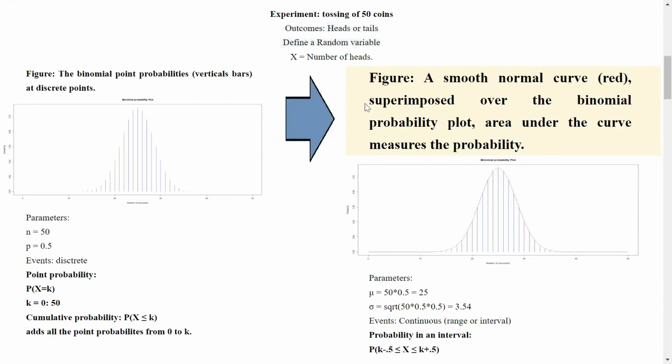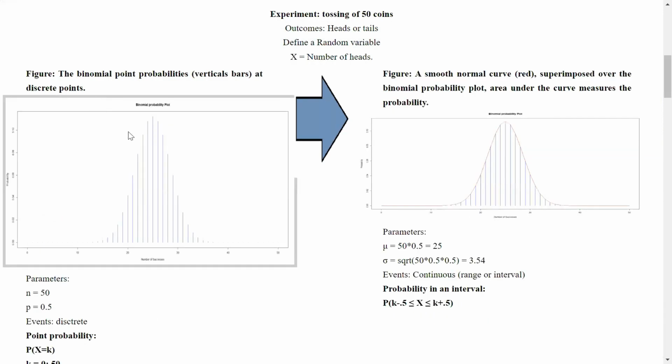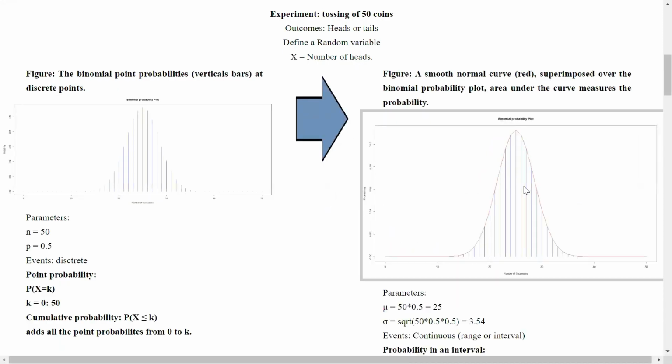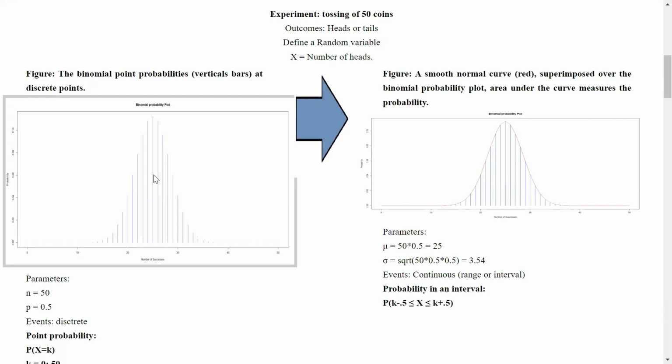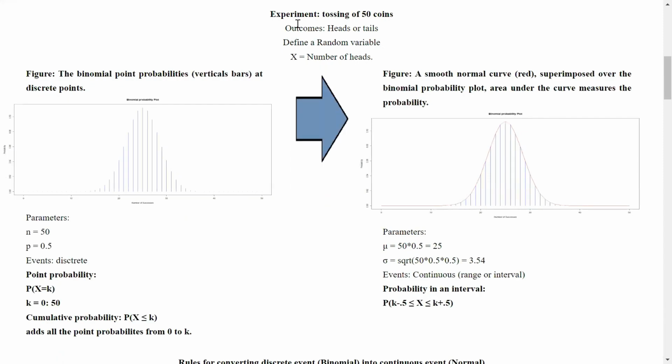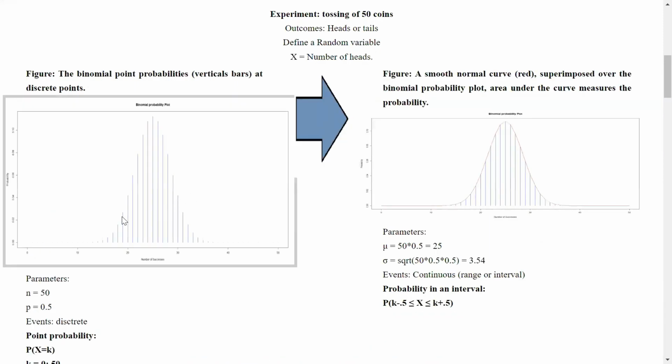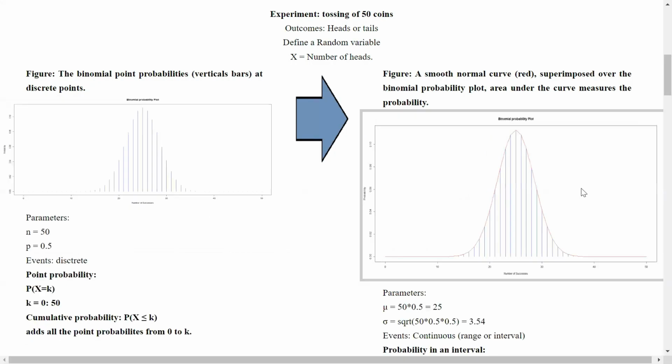Before going to the actual problem of approximating this binomial distribution with this normal distribution, let's try to visualize the scenario by considering a random experiment of tossing 50 coins and see how the probabilities differ in these two distributions, binomial and normal.